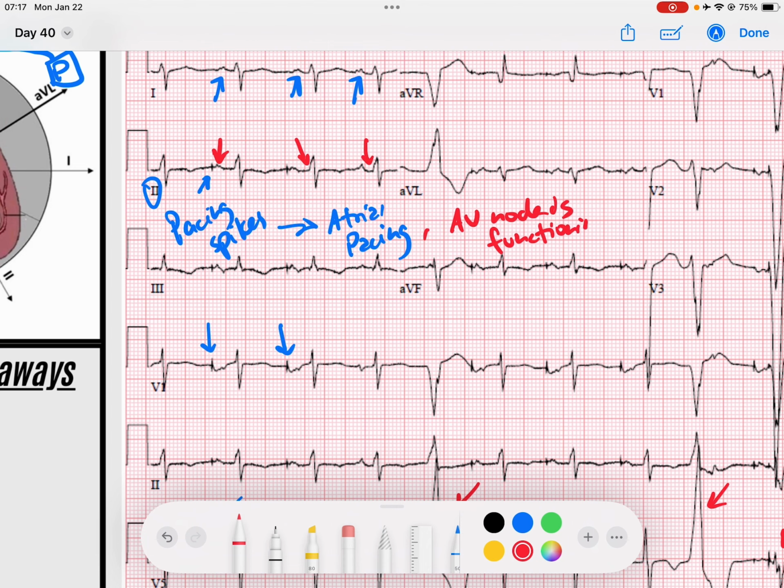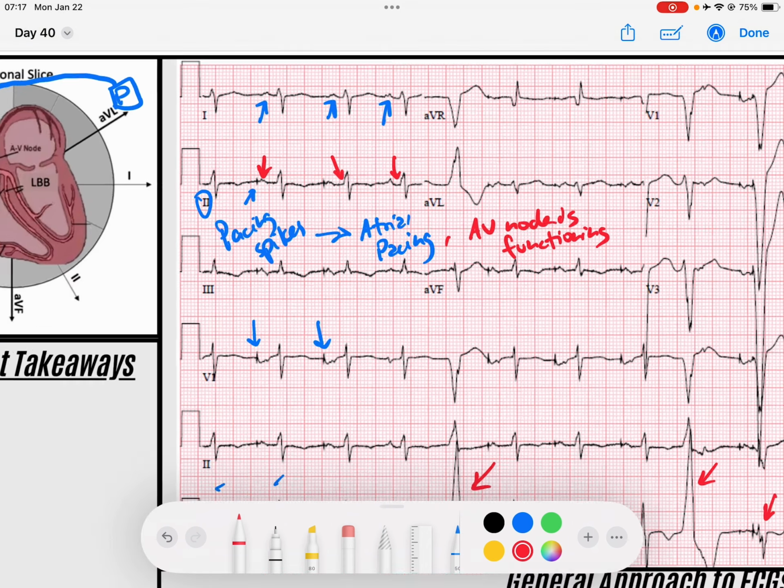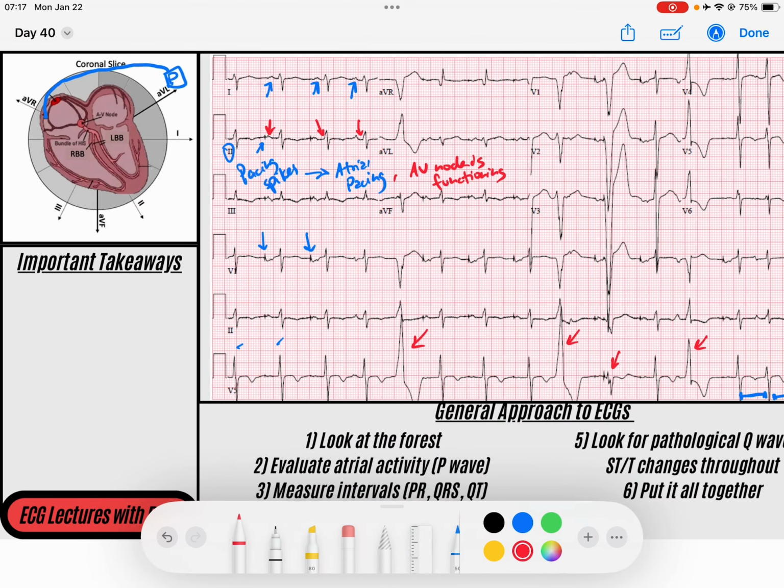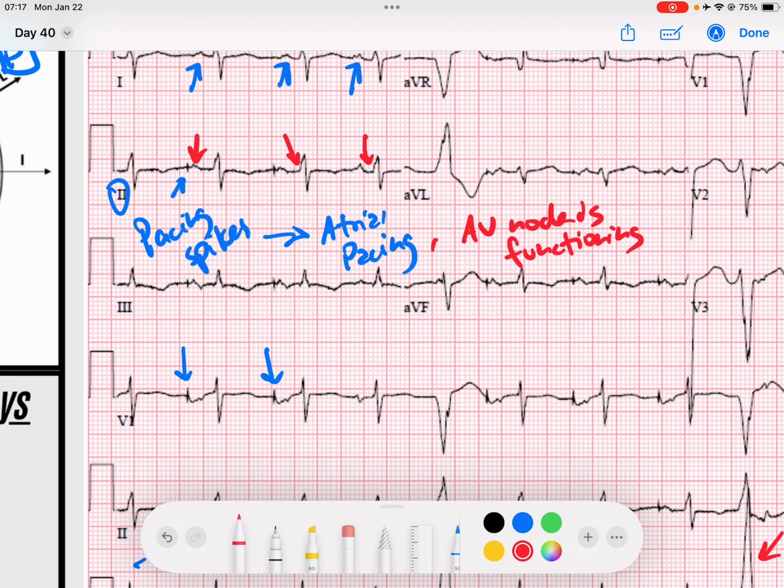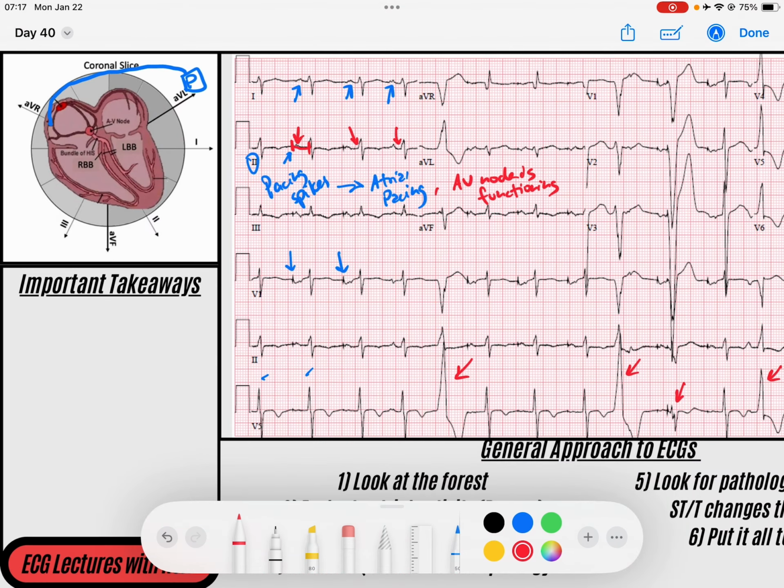In this case, this person needs an atrial pacemaker because their SA node is not firing, so the atrial pacing wire does it for the heart. This person has an intact AV node to a pretty good degree. You can see our PR interval is a little bit long, but just a hair long. This person's AV node generally is functioning well.